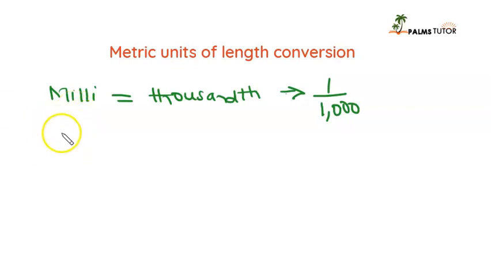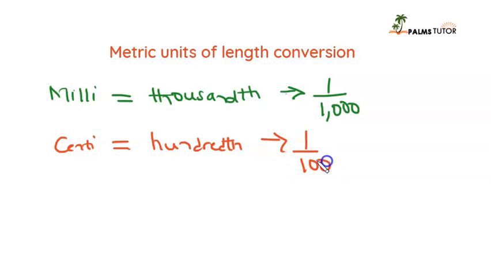While centi is from the word century, or percent, which means 100. So in this case, it means hundredth, that's 1 over 100. And then, of course, we have meter. Now we have kilo.